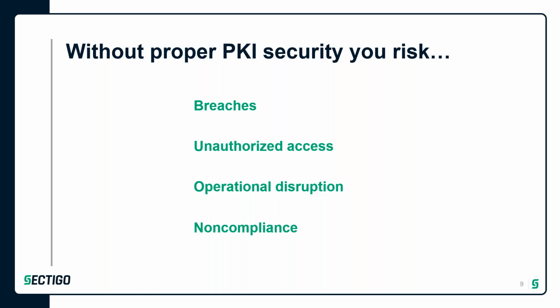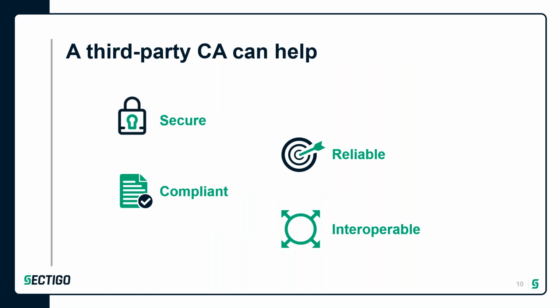Right. So who should be doing it? What does a third party give us? We kind of covered this already, but there is a security aspect, obviously. Third party CAs understand things like key lengths and hashing algorithms and physical security and IT security, and they make sure the patches are in place and all of that stuff.